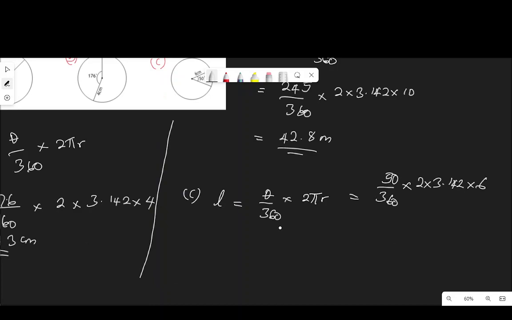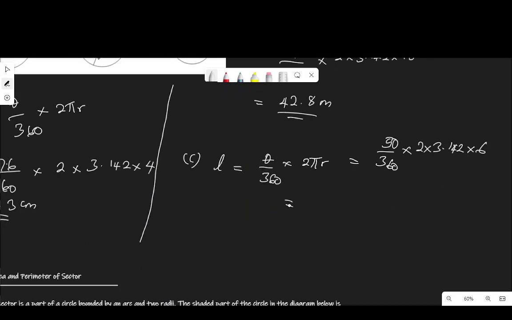Again, I plug that into my calculator. 50 multiplied by 2 is of course 100 times 3.142 times 6, divided by 360 degrees. That gives me 5.2 approximately.